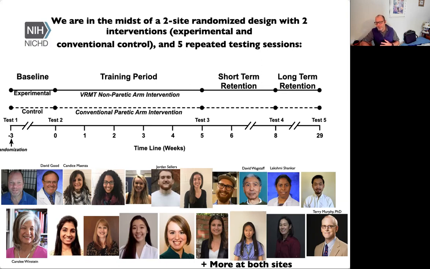Thank you. But I don't think bilateral training is the way to go with trying to get each limb better in rehab. I think that you need to really focus. My friend and colleague Carolee Winstein published a few papers where she showed that bilateral training didn't challenge the good limb enough, so it's not going to get better by bilateral training.